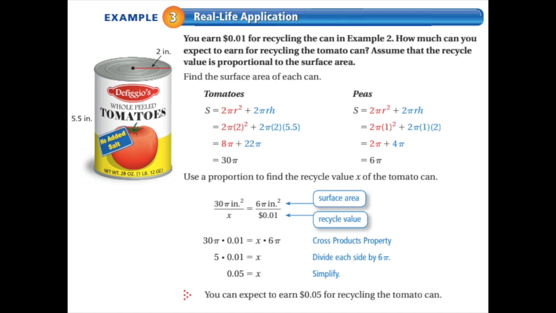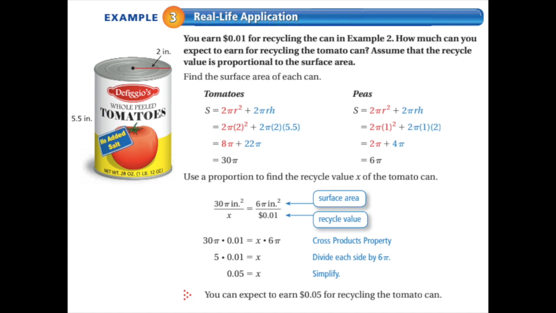So the first thing that we have to do is find the surface area of each of the cans. For the tomato can, they've done the work for you. You end up with 30 pi as your surface area of the can. For the peas, we didn't do that in example 2. We only did the lateral surface. So here we had to do the entire surface area of the can, leading us to that final answer of 6 pi.